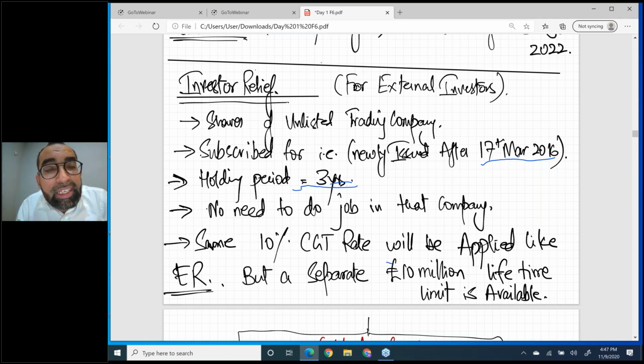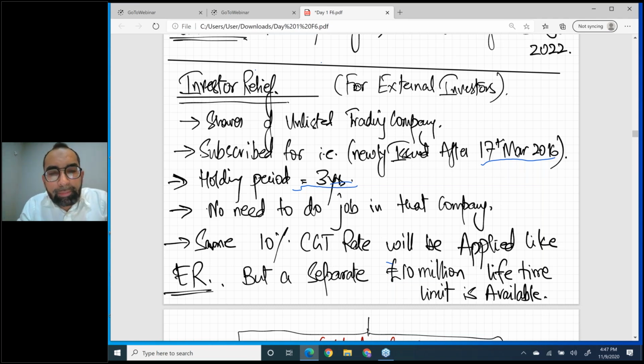If your mind is working, just add 3 years to 17th March 2016, and it will come to 17th March 2019. And 17th March 2019 is close to our fiscal year. That's why this topic is applicable from this fiscal year, right?